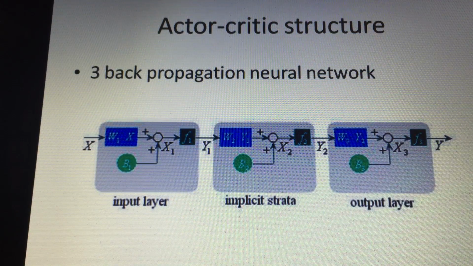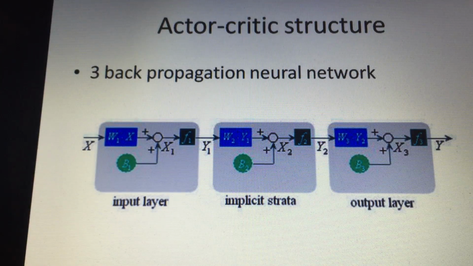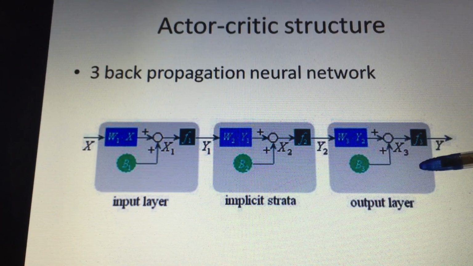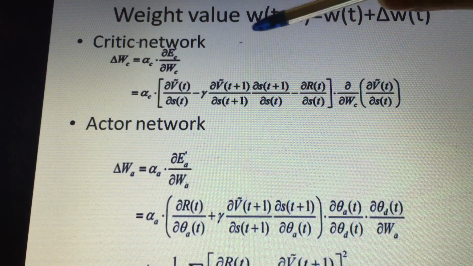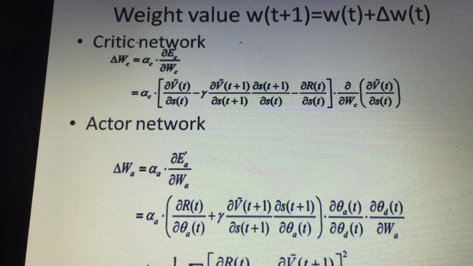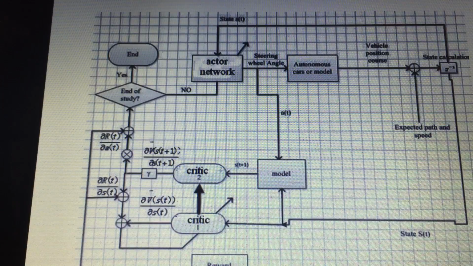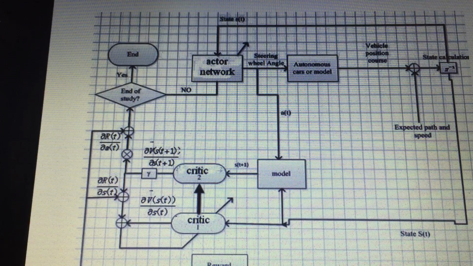The DHP uses an actor-critic structure, which has three backpropagation neural networks to realize this flow. You also need to calculate the weight values W for the critic networks and the actor networks. Because of time, I won't go through all of this. This is the framework of the learning control.